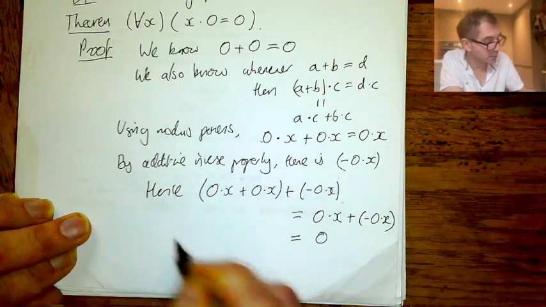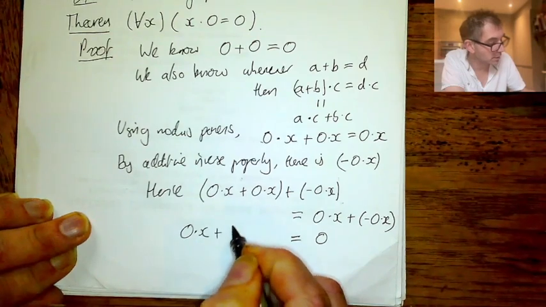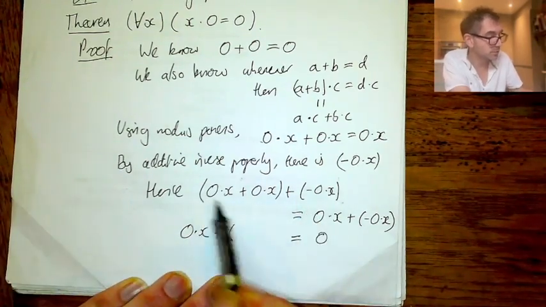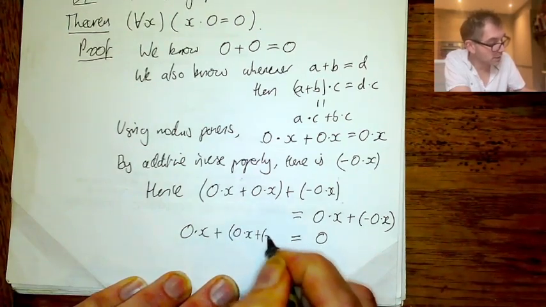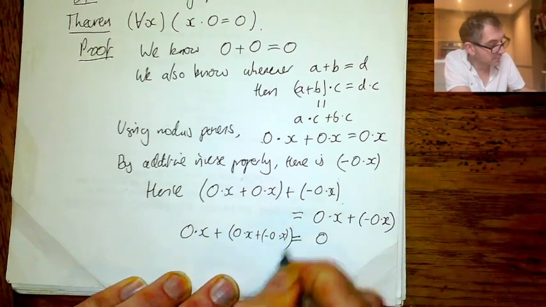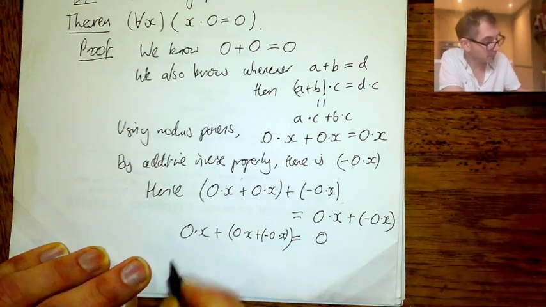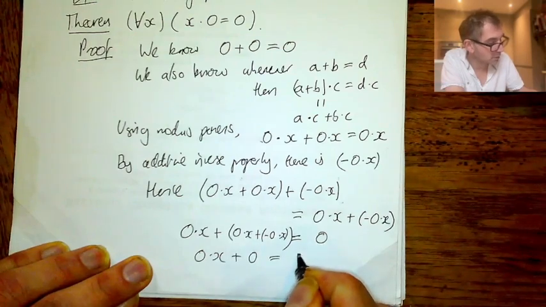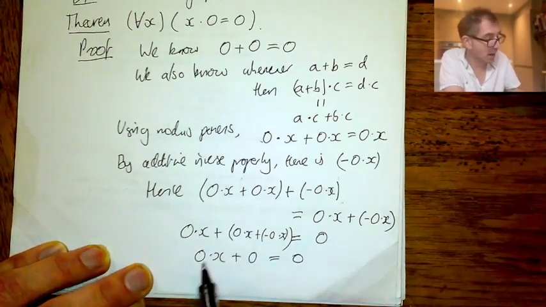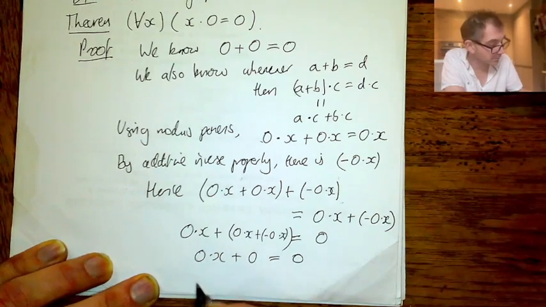and on the left hand side I'm going to use another property which I forgot to mention, the associativity property. So we're going to move the brackets around. So 0 times x plus minus 0 times x, well, that gives me another 0. So I get 0 times x plus 0 equals 0. And now I know that whenever I add 0 to anything, I get back the number that I started with.